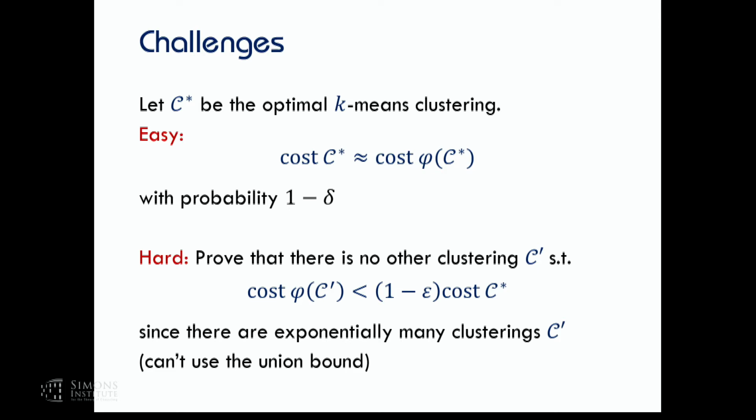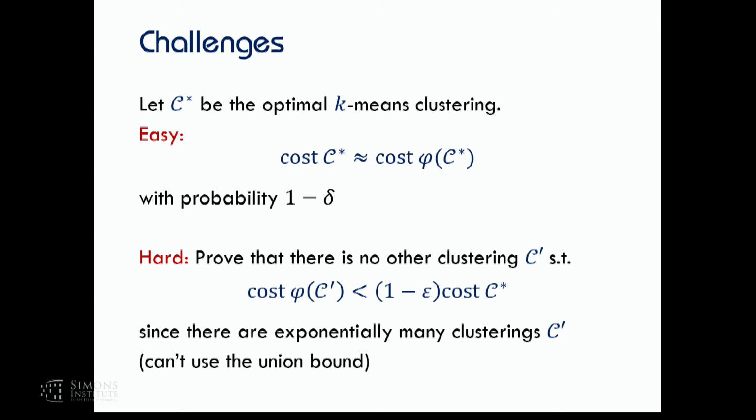So this is actually pretty easy to show. Now, what is challenging is to prove that there is no other clustering C prime which is much better under projection. So maybe there is a suboptimal clustering C prime, but once we project C prime into a low dimensional space, the cost of C prime drastically decreases, or decreases by a factor more than 1 plus epsilon, and now it's considerably better than the optimal clustering.